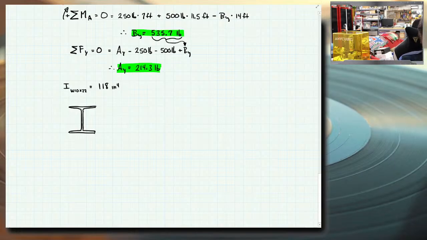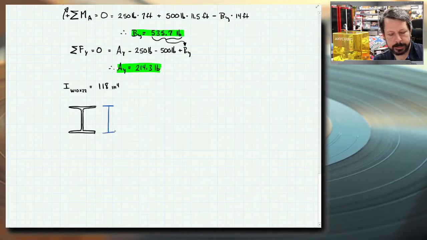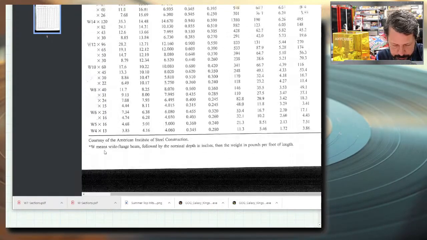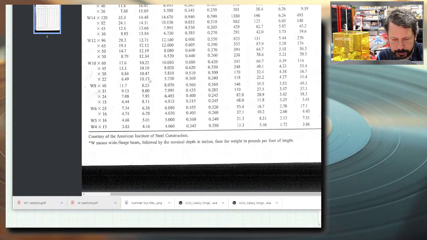Okay, and let's get our depth. So we know it's close to 10 inches, but let's see what it actually is. So the W10 by 22, the actual depth is 10.17 inches.